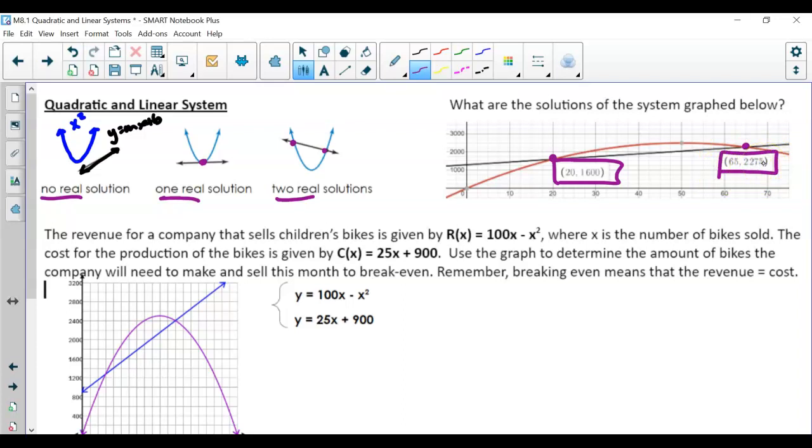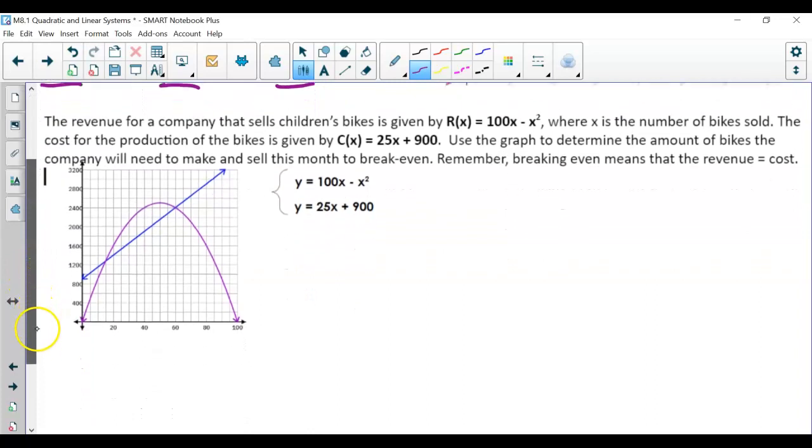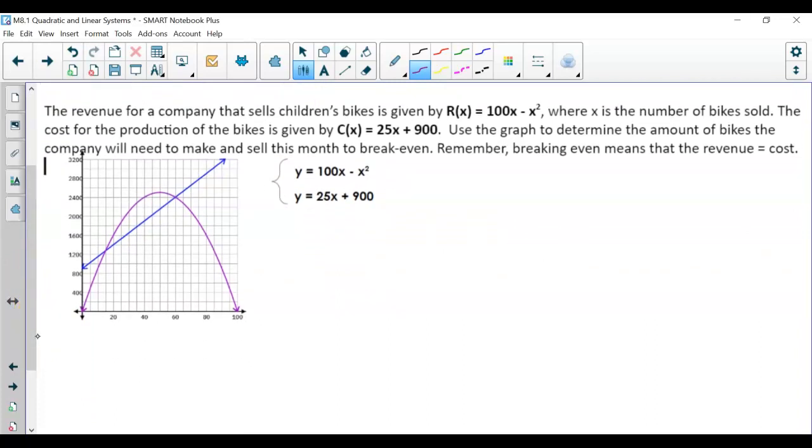So this is two solutions, because eventually you'll be able to use this when solving application problems. Here, for example, this is talking about revenue and the cost for creating the bikes, and we're using the graph to determine when they break even. This idea of breaking even is when they're equal to each other, so if you were to graph these two equations, where do they intersect?